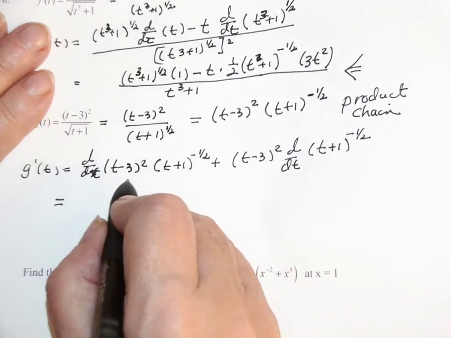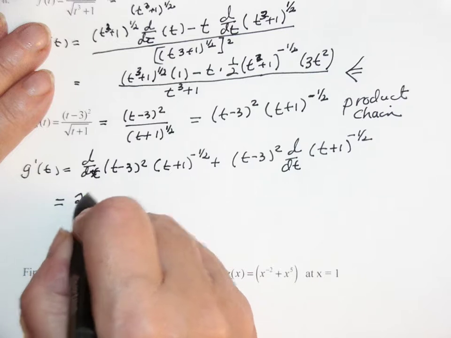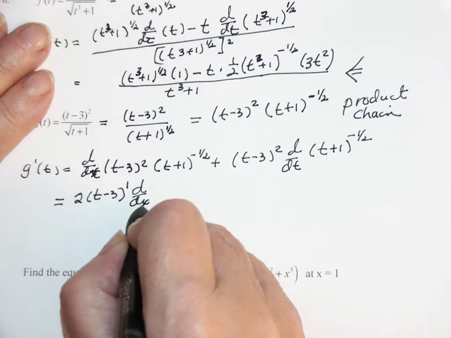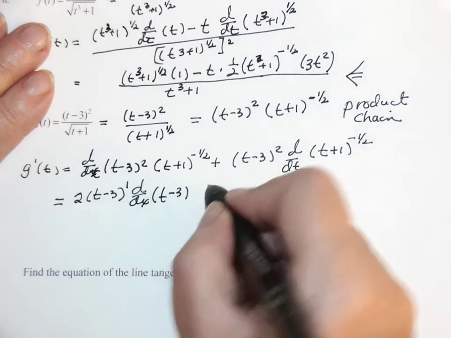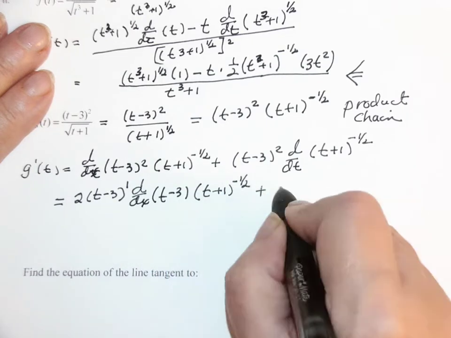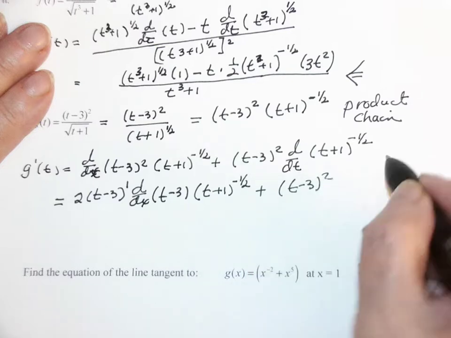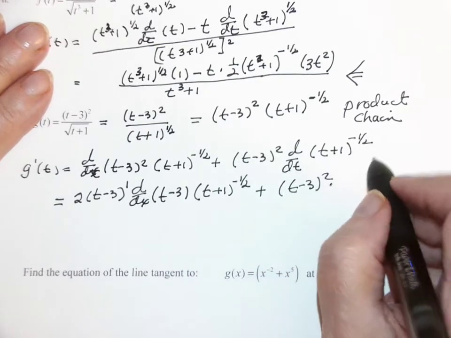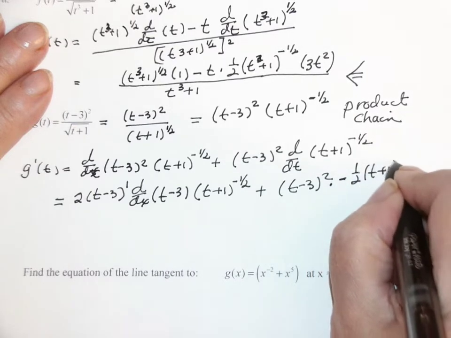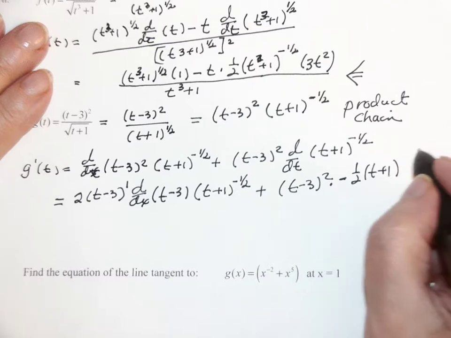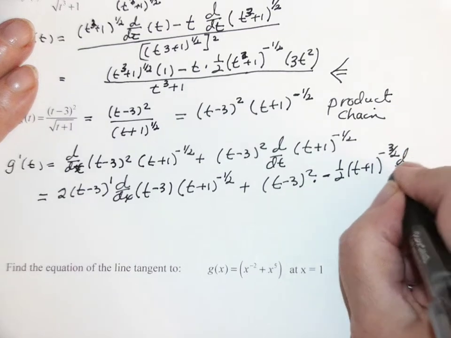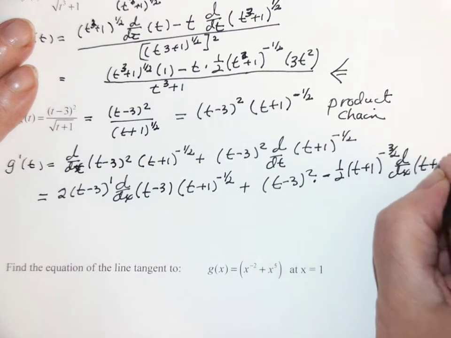So the derivative of t minus 3 squared is 2 times t minus 3 to the 1 times the derivative of t minus 3, times t plus 1 to the negative 1/2, plus t minus 3 squared, now times the derivative of t plus 1 to the negative 1/2, which is negative 1/2, t plus 1, drop the power, minus 2 over 2 is minus 3/2, times the derivative of t plus 1.